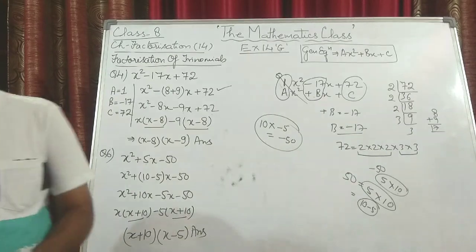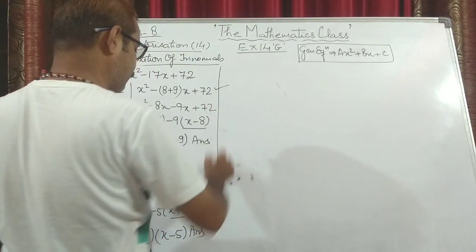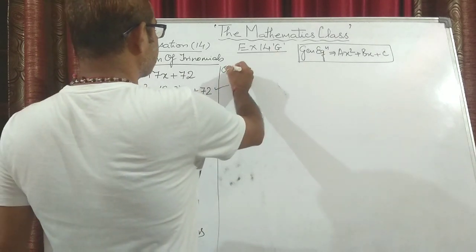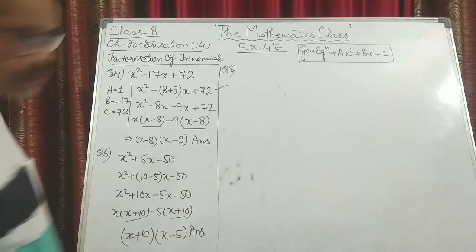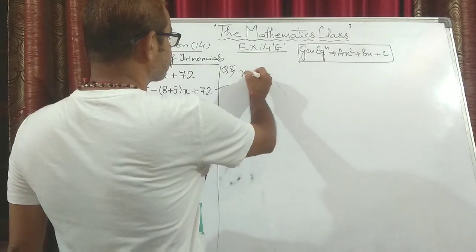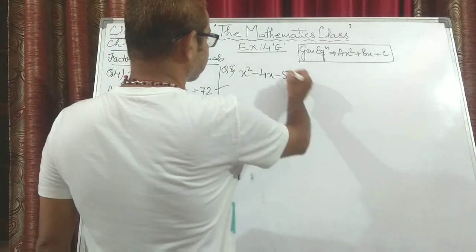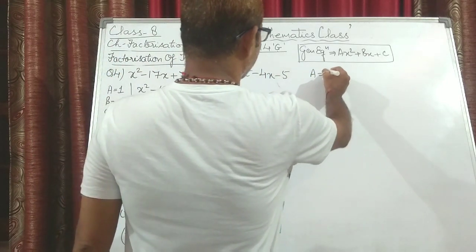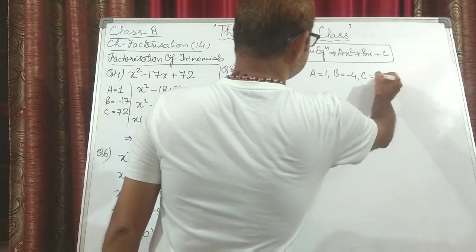Now we move on to question number 8. Question number 8: it is given x square minus 4x minus 5. Here a is 1, b is minus 4, and c is minus 5.